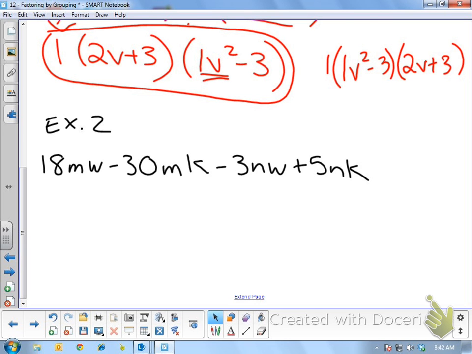The letters can't go together, right? No. So it's pretty much done. Well, we could still do the process. We could still greatest common factors and stuff.